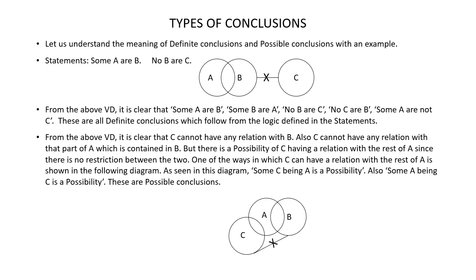Now from this Venn diagram, let's understand the meaning of definite conclusions and possible conclusions.